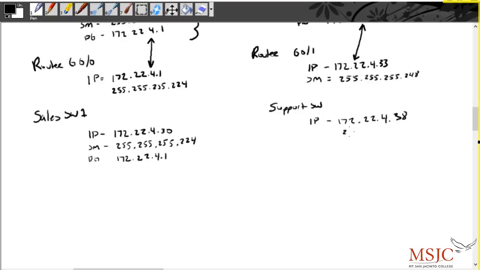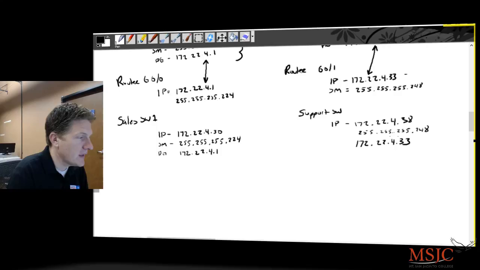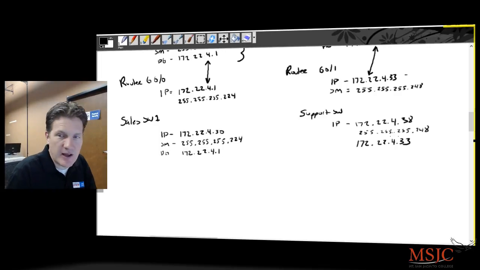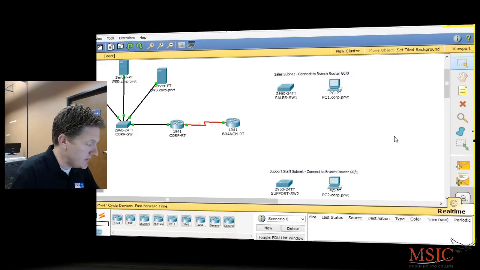And its mask is 255.255.255.248, and it will use the router as its gateway, 172.22.4.33. That's it. That's how you figure out the IP addressing for this particular network that you see before you.